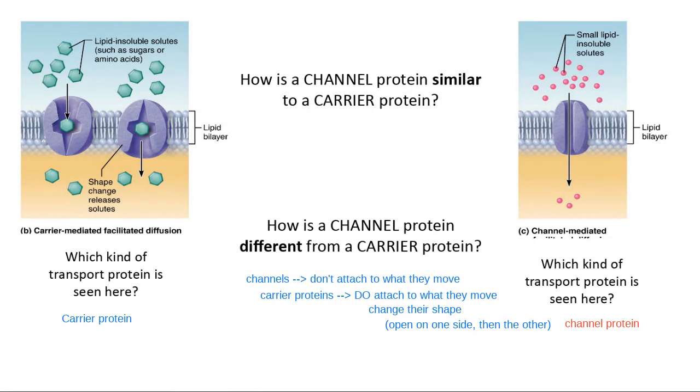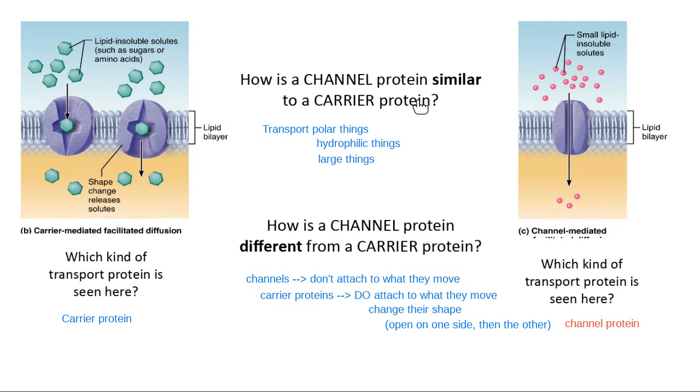The chemistry of what we're transporting is the same. So what goes through a channel protein or a carrier protein, this is what I use to transport polar things, to transport hydrophilic things, to transport large things.